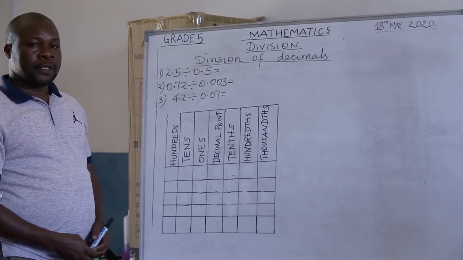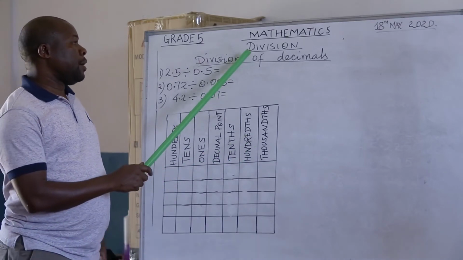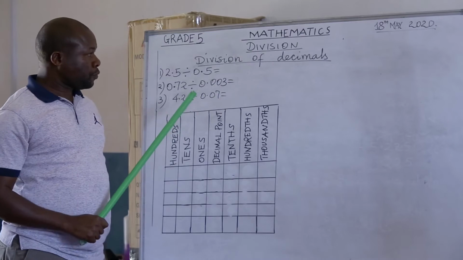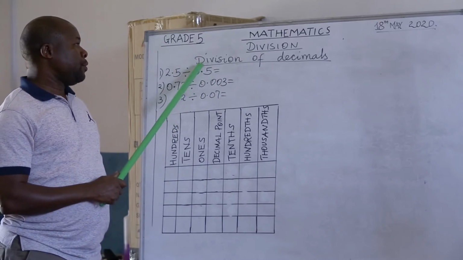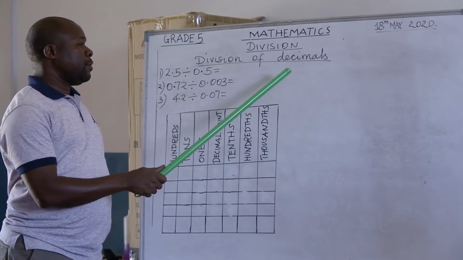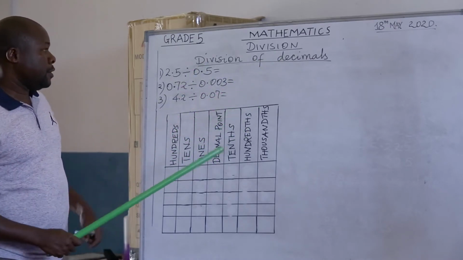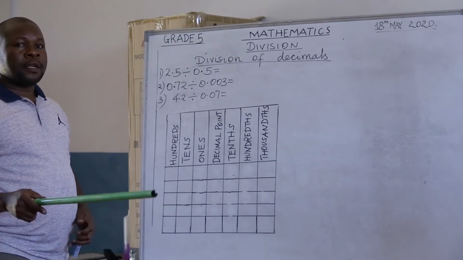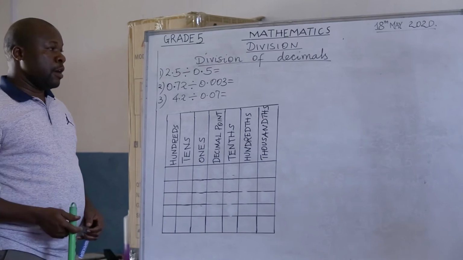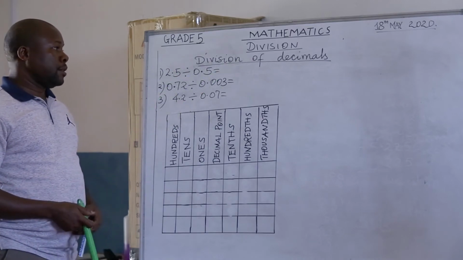Let us learn mathematics. Today we are going to learn about division, and how to divide decimals, division of decimals. Now we are very much familiar with doing divisions with whole numbers.